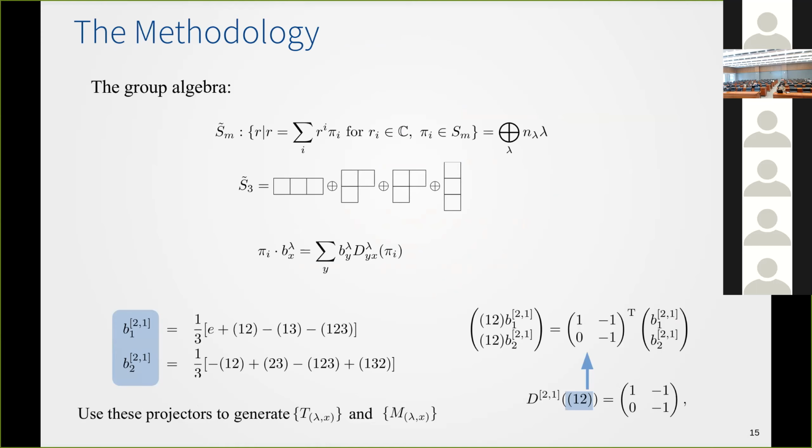The elements of the group algebra space are just linear combinations of the group elements. And it turns out that one can find all the irreducible representations of the symmetric group from this space. For example, we can find the basis vectors of the 2 1 representation here in the blue box. And their transformation under the action of the permutation has a definite form encoded in this representation matrix D.